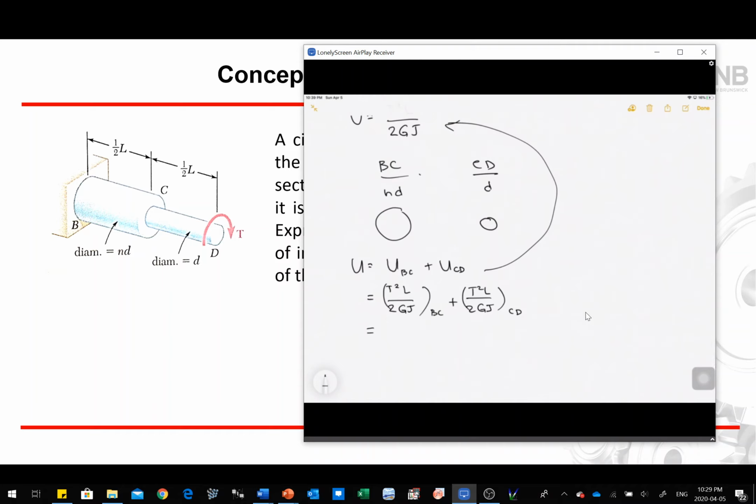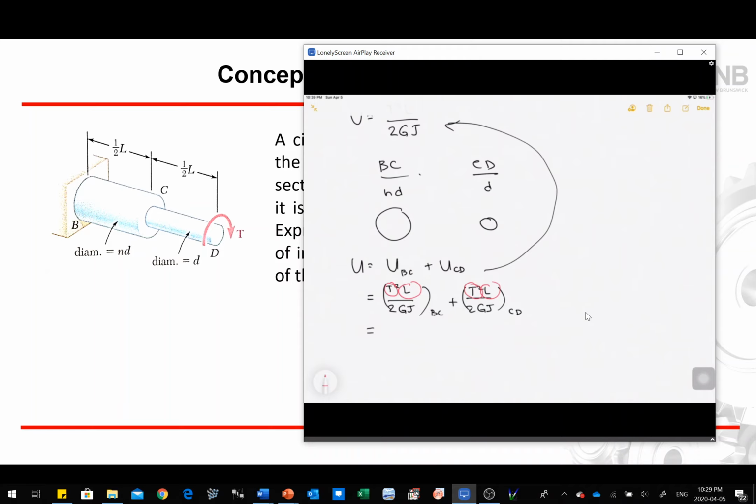Now both of them have lengths of 1/2 L, which means our L right here is 1/2 L. Now we know that we are applying T, so we have the same T for BC and CD.